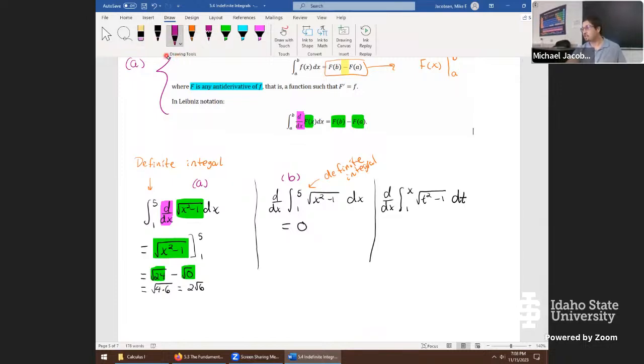It's really a concept, and the concept is, since the integral from 1 to 5 of root x squared minus 1 dx is constant, its derivative is 0.